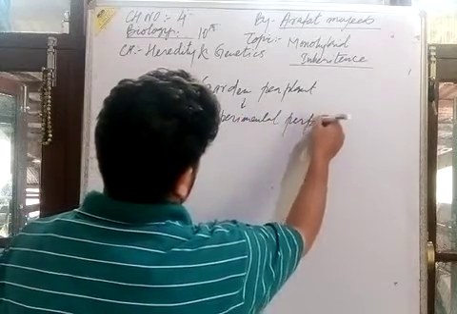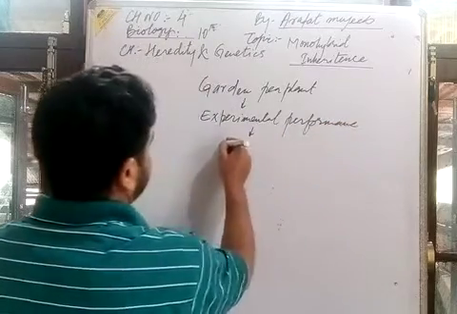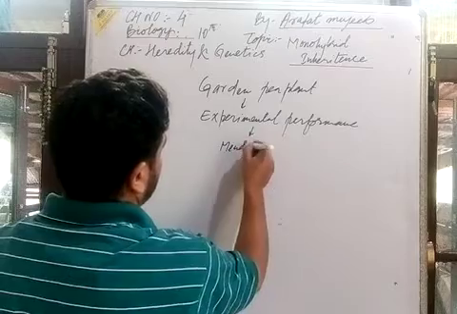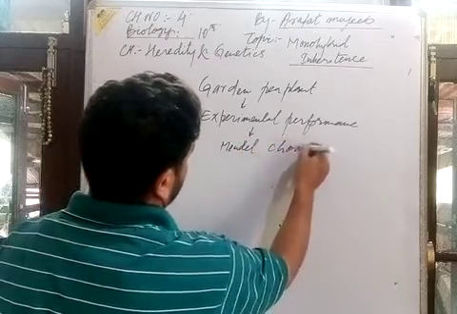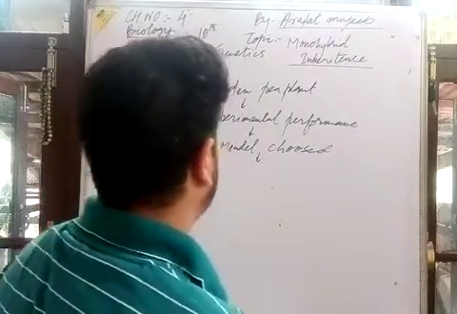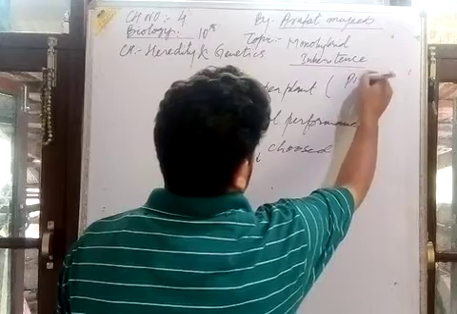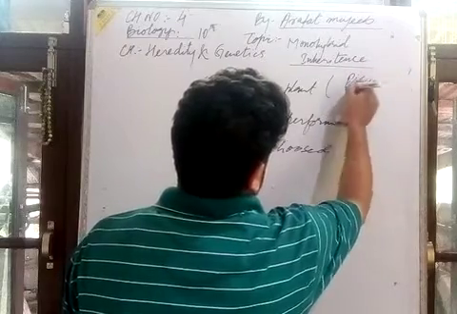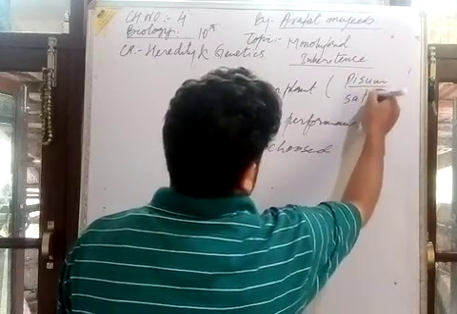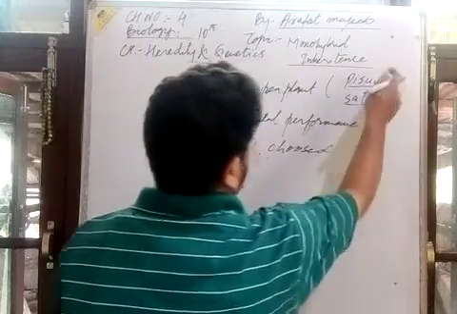Mendel chose it because of various characteristics. Its scientific name is Pisum sativum, the binomial nomenclature.